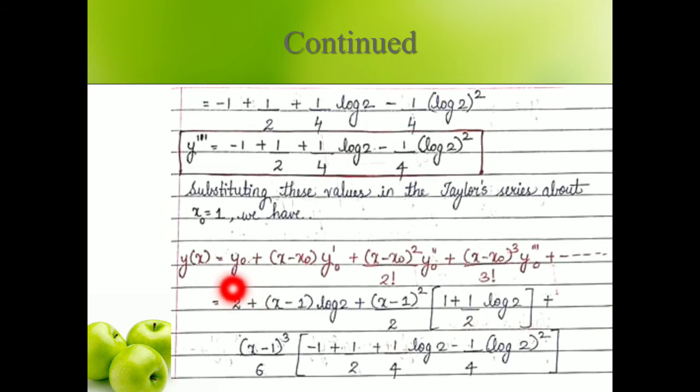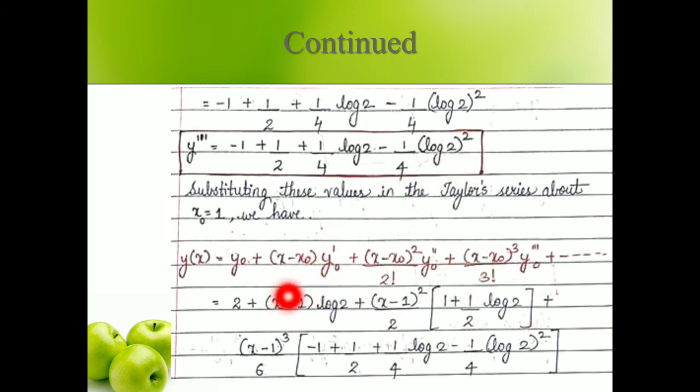Substituting the value of x naught as 1, y naught as 2, y dash as log 2, y double dash as 1 plus 1 divided by 2 log of 2, y triple dash naught is minus 1 plus 1 divided by 2 plus 1 divided by 4 log of 2 minus 1 divided by 4 log of 2 the whole square.